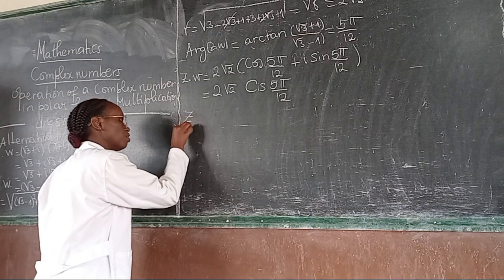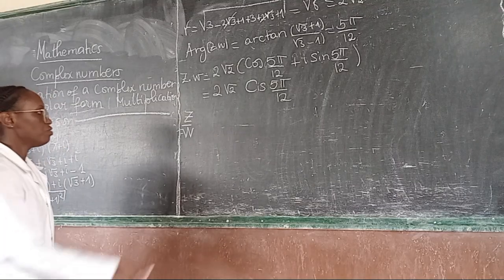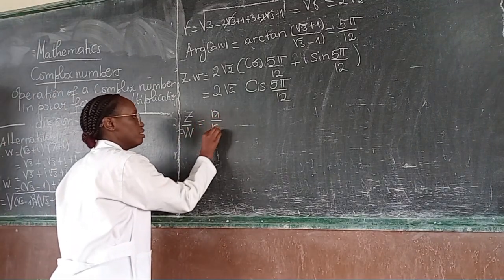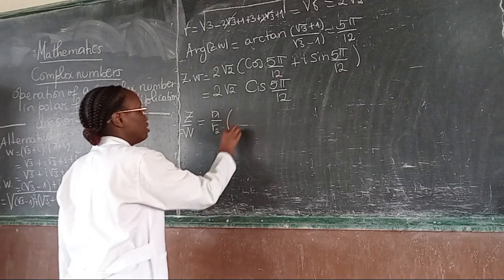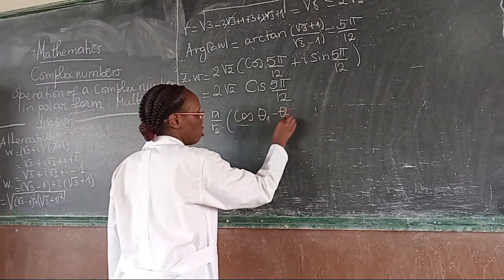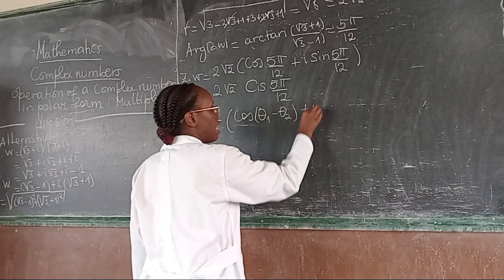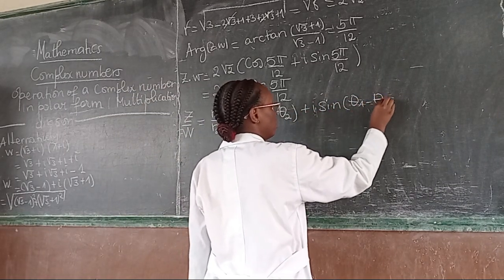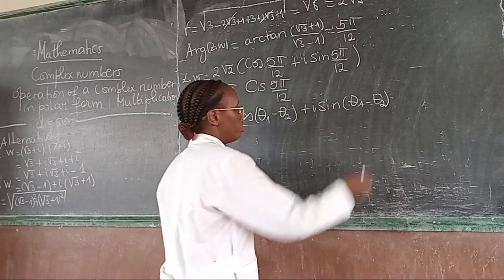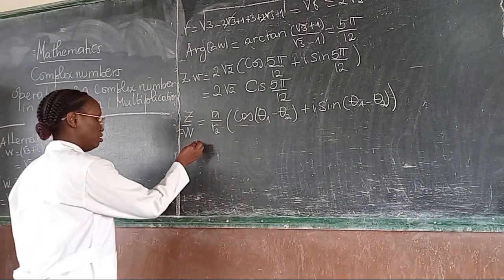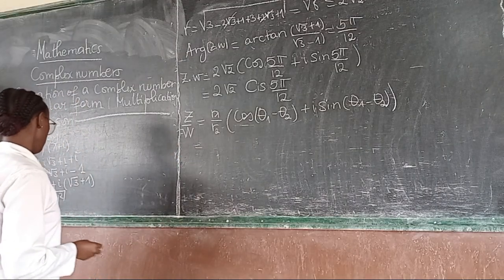So what will happen with z over w? As you have seen, we divide their modulus, then we have cosine of theta 1 minus theta 2 plus I sine theta 1 minus theta 2. So what will we have for z over w?